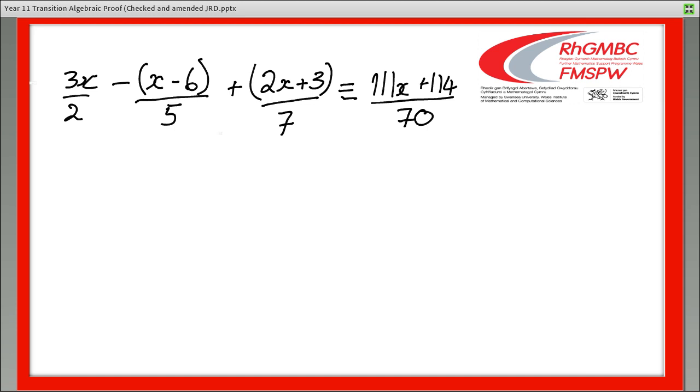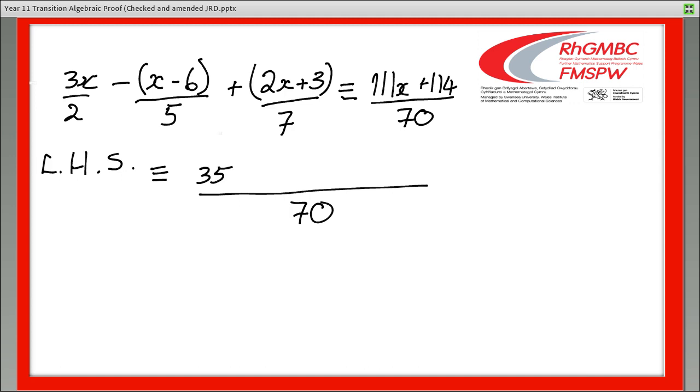Now the reason I've put it in brackets is that if you don't put it in brackets, you will make a mistake with the symbols. Because what a lot of people forget on that second one is it's minus times x and minus times minus 6. And if you don't put the brackets in, then you will forget to do it. Now, with this type of question, it is perfectly valid for you to say, right, the left-hand side, I'm going to take each fraction and put it all over 70.